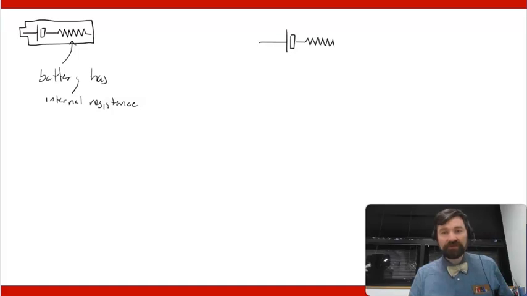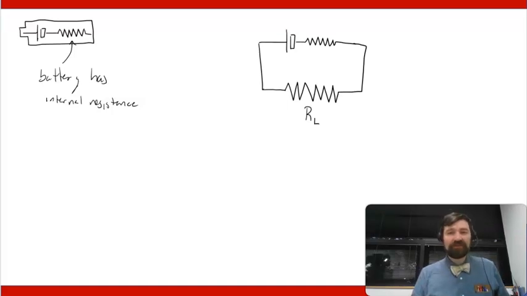Here's my internal resistance for the battery. I have a whole bunch of resistors that get connected together in some form or fashion. Those collectively get treated as a load resistance. The internal resistance, by the way, we usually represent with a lowercase r.